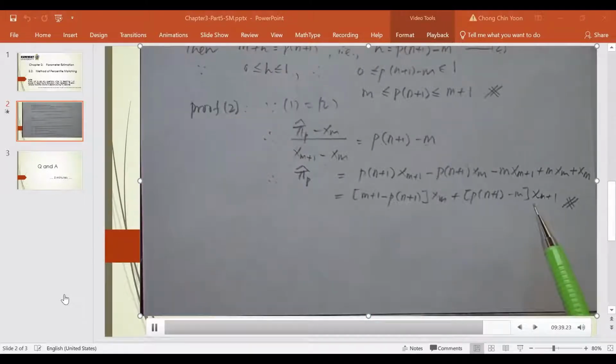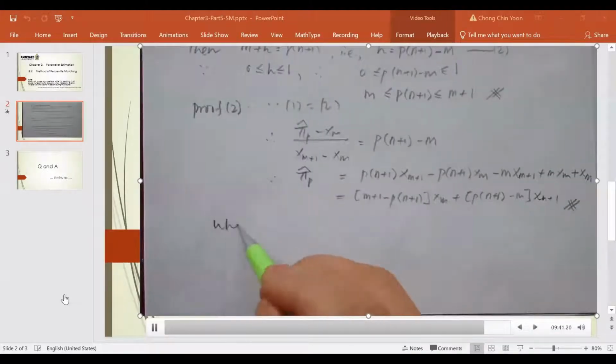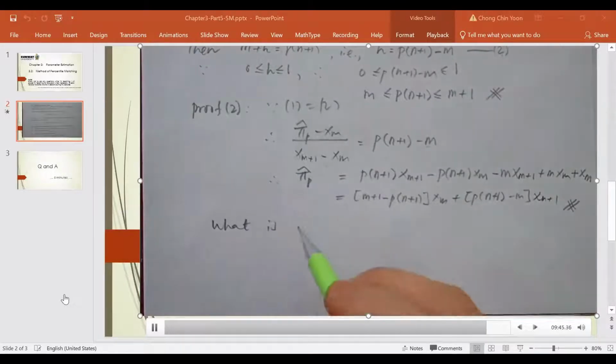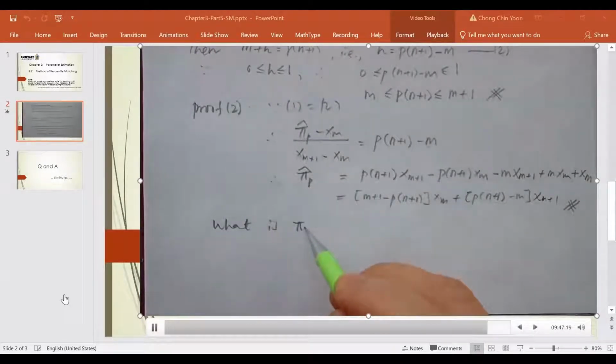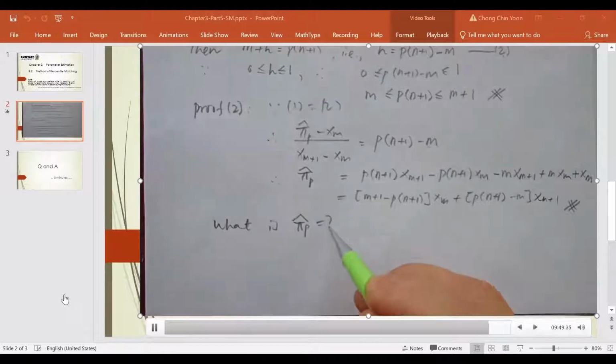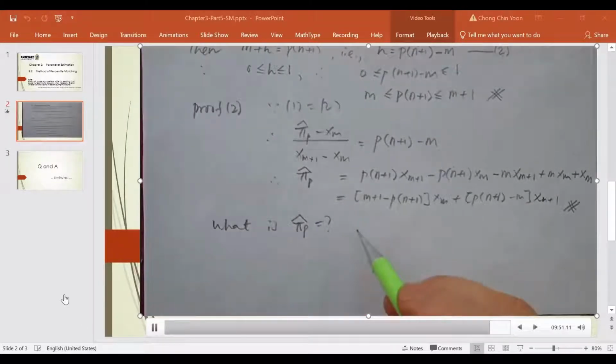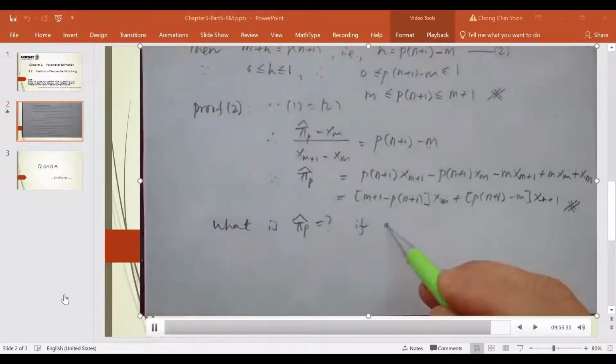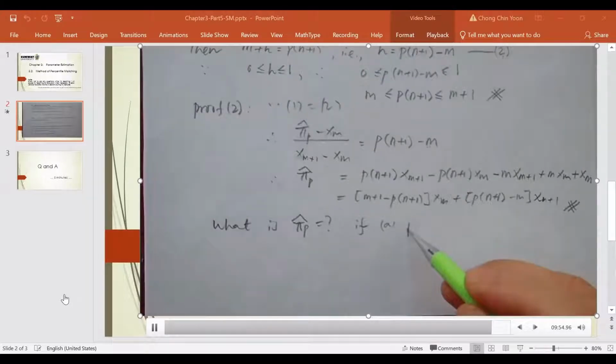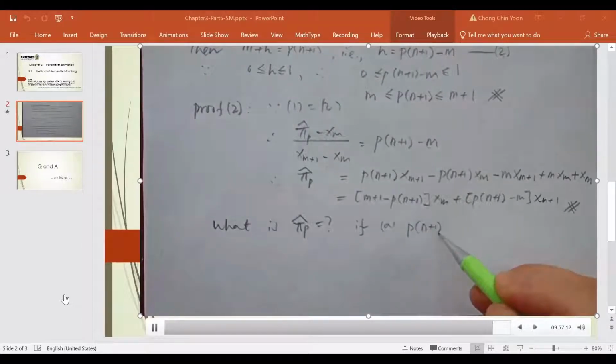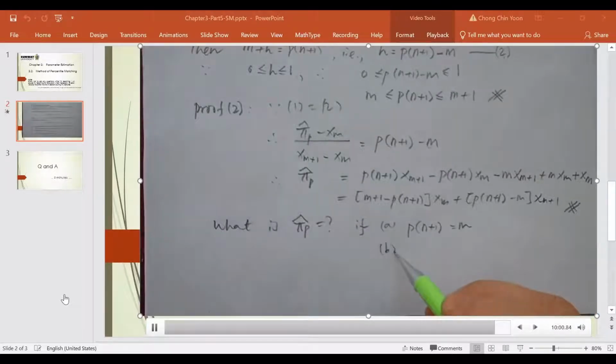From this result, what is the estimate of this 100 p percentile if p times m plus 1 is m, and if xm equals xm plus 1?